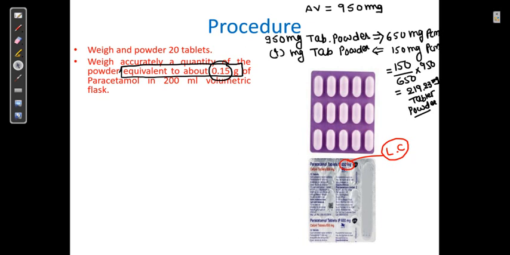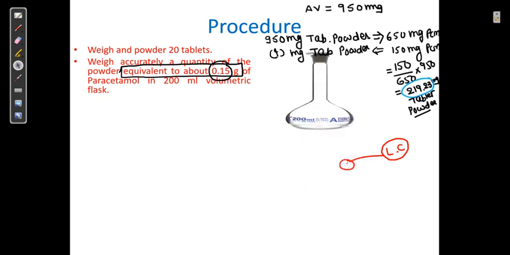So 150 milligram is paracetamol and the remaining about 70 milligram is excipient which is present in the tablet. So this is the first step. How many milligram of tablet powder we require is about 219 milligram.